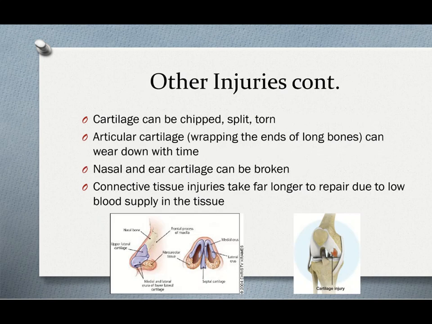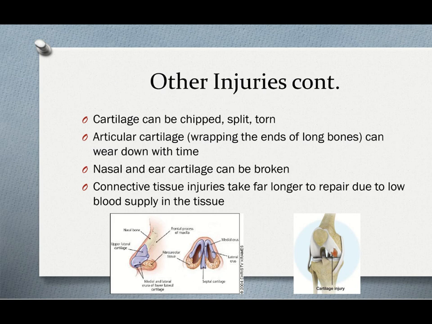The final injury type is cartilage injuries. So cartilage can be broken or overstretched or strained, just like bone and ligaments. Usually cartilage injuries are due to either a severe trauma, like getting, say, hit in the face with a ball, or something that has worn down over time.